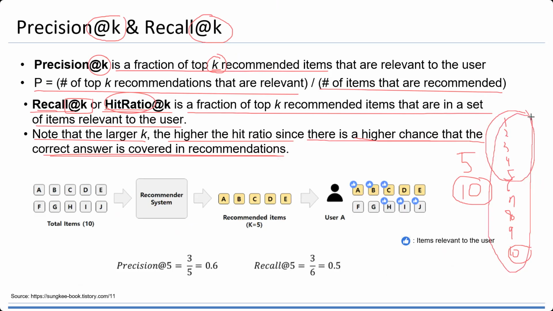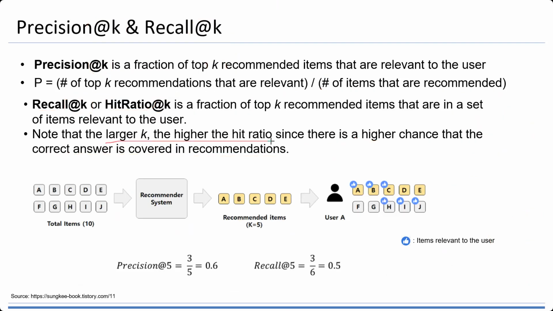However, the measures will also be different. If you have a lot of recommendations, of course, there is some trade-off. The higher k, maybe the higher computation or the lower recall, even though we can have a higher chance.